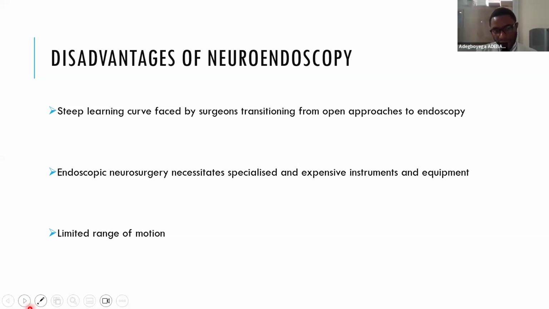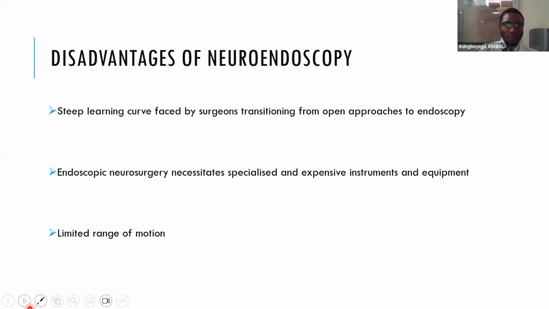Neuroendoscopy has its disadvantages. A surgeon transitioning from traditional open neurosurgical approach to neuroendoscopy faces a steep learning curve. It takes a lot of time and practice for a surgeon to acquire the proficiency and manual dexterity that is required to perform neuroendoscopic procedures seamlessly.